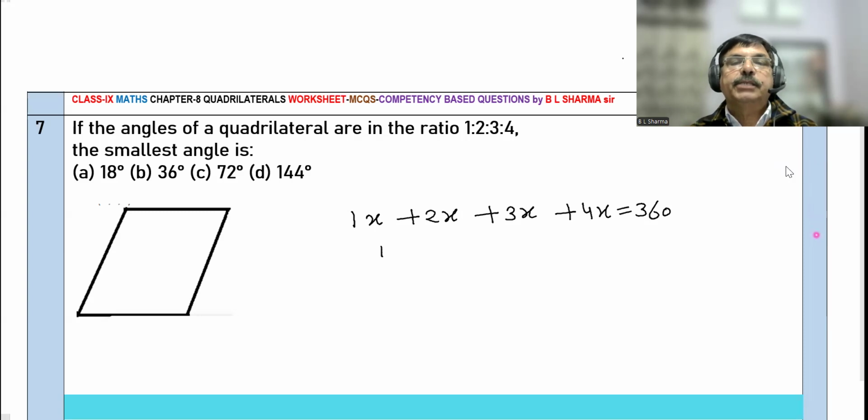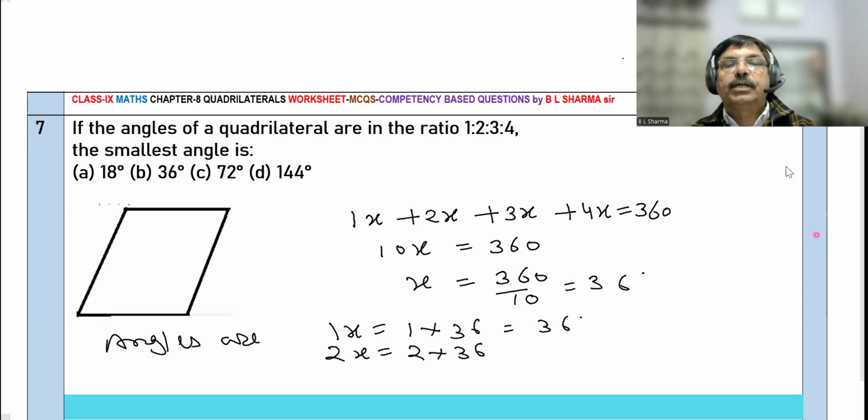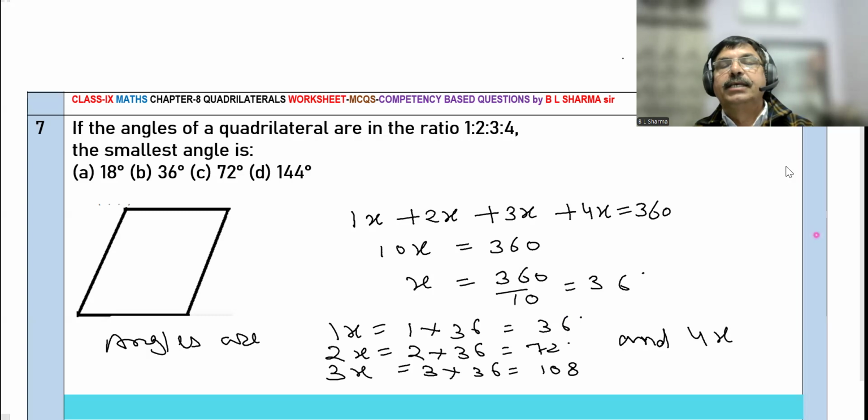So 1x plus 2x plus 3x plus 4x, that is 10x, is equal to 360. So x is equal to 360 upon 10, that is 36. So the angles are 1x is equal to 1 into 36 is 36. 2x is equal to 2 into 36, that is 72 degree, and 3x is equal to 3 into 36, 108 degree, and 4x is equal to 4 into 36, that is 144 degree.